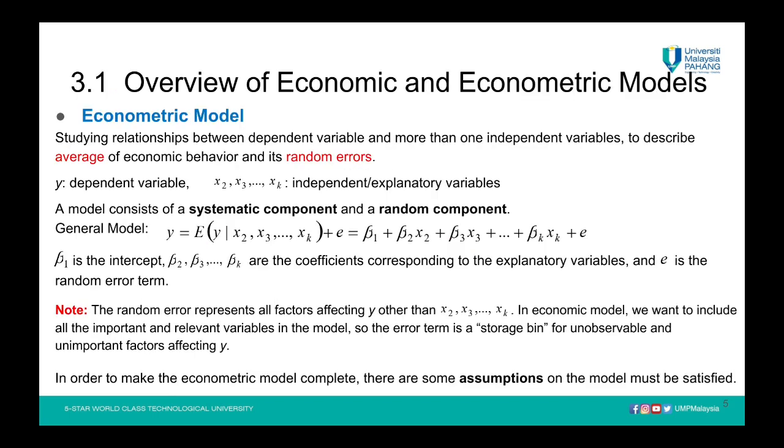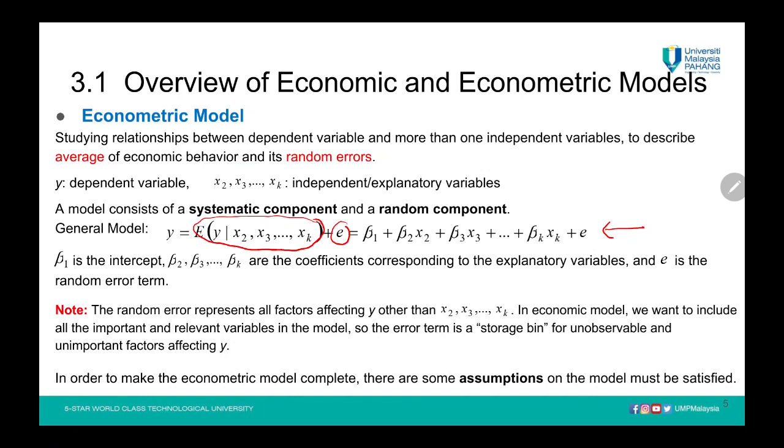The concept of the econometric model for multiple linear regression is the same as for the simple linear model, where the econometric model is the combination of the economic model and a random error component, as given by this model.